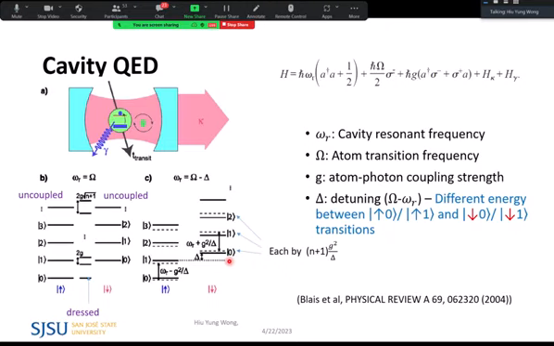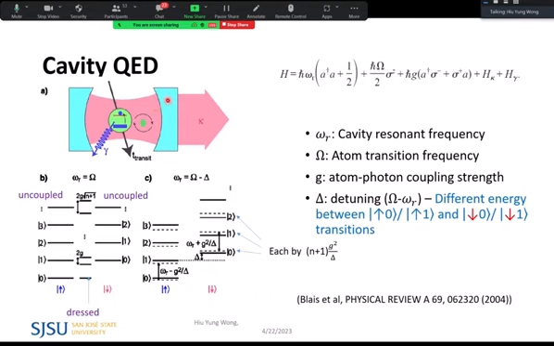Because of time, I will just quickly go through this slide. Don't worry, because it's impossible to understand if you did not study it before. But the message I want to tell you is that there is something called cavity quantum electrodynamics. That's what physics people have been doing. They put an atom in an optical cavity. This atom is a two-level system, and the optical cavity can contain 0, 1, 2, 3, 4 photons.